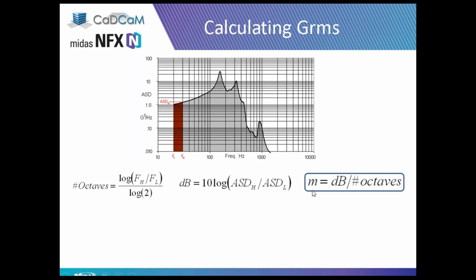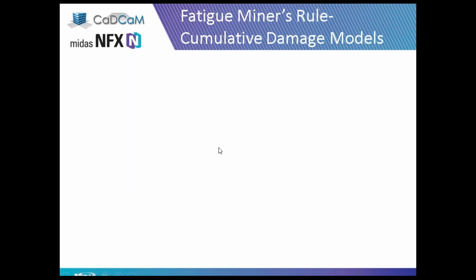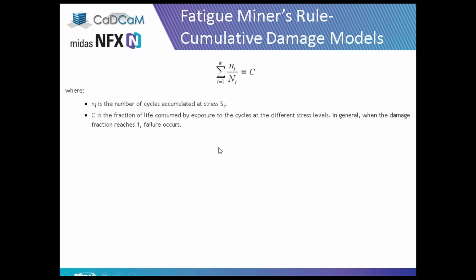Then we have all the parameters in order to calculate the slope of the curve in this area, and then we can calculate the area under the curve, and then we can take the root mean square in order to calculate the GRMS. And of course, we can calculate all the other areas under this curve in order to have the total GRMS.